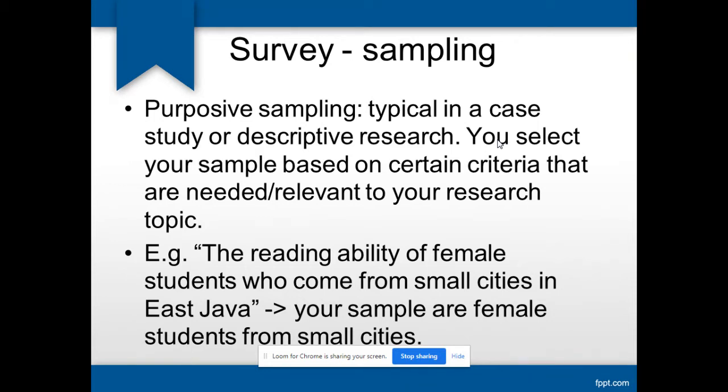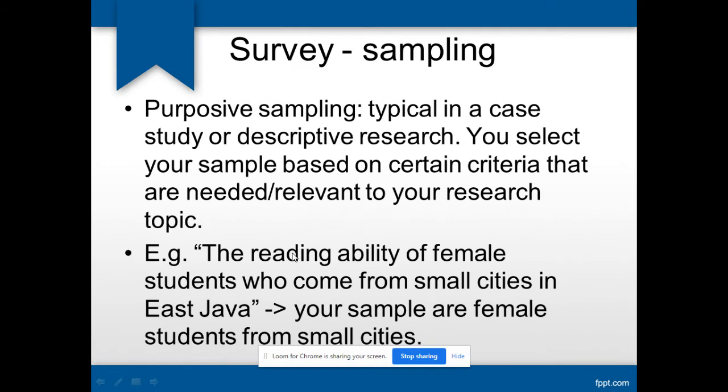Only those people who meet your criteria will be your sample. For example, you want to study the reading ability of female students who come from small cities in East Java.